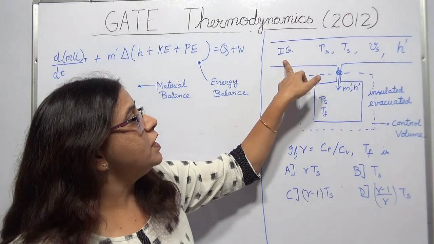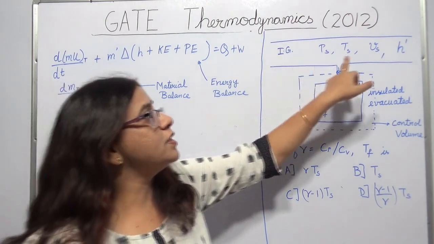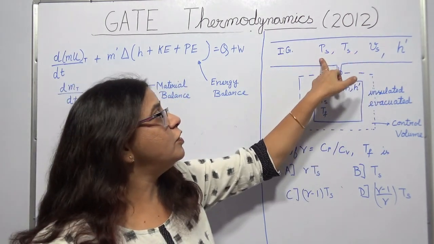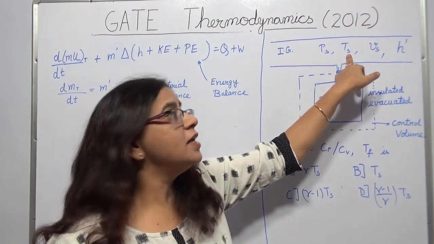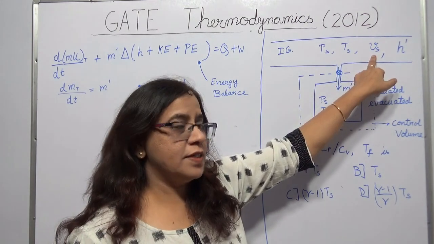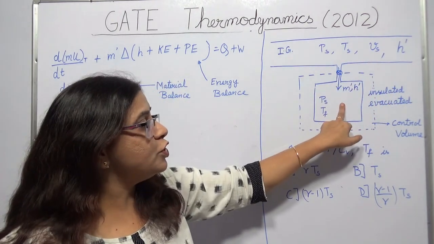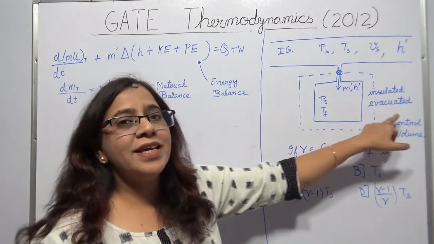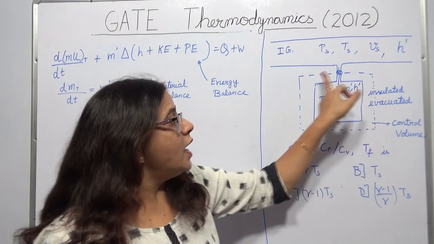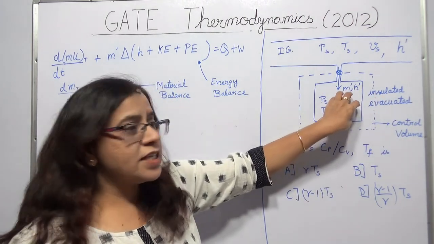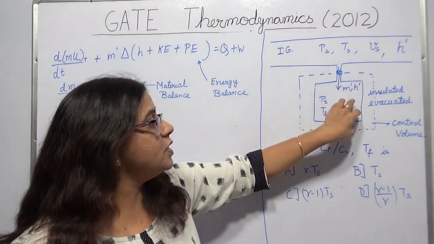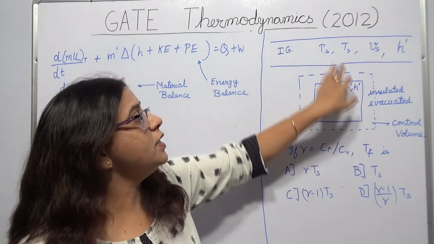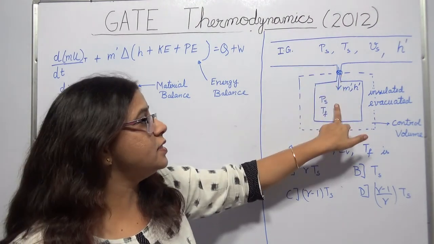So you have an ideal gas which is flowing through the supply pipeline at a pressure of PS, temperature TS, specific volume of Vs. Okay, it is used to charge a cylinder, or fill a cylinder which is initially evacuated. And the gas is filled in this cylinder till the pressure in the cylinder becomes equal to the supply line pressure, that is PS.